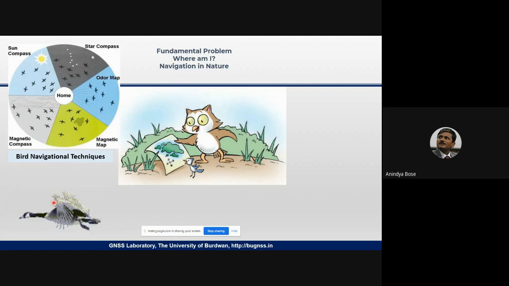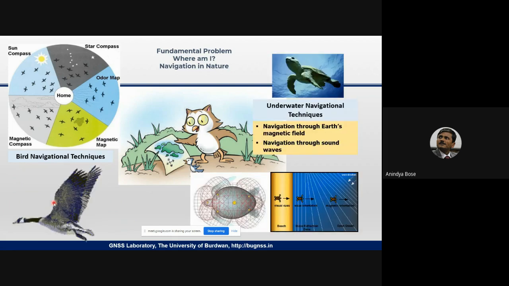So the fundamental problem in nature is where I am, and we can see many examples in nature of navigation. Take the case of the migratory bird. If you come to our university, you can probably see lots of migratory birds. My friends from the zoology department told me they come from the southern part of Siberia.